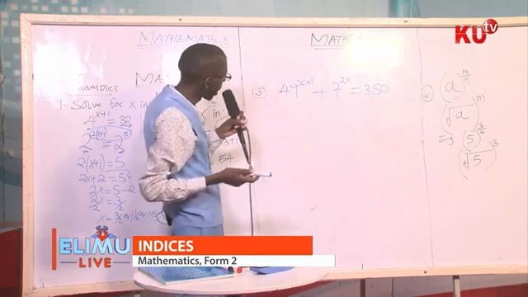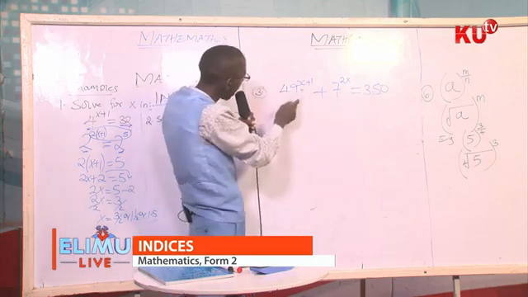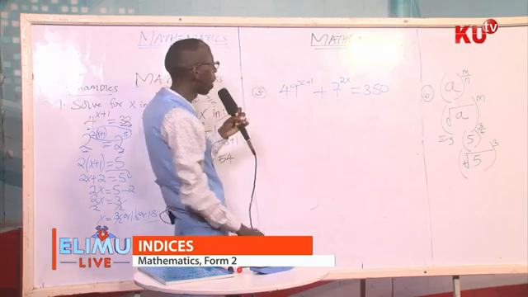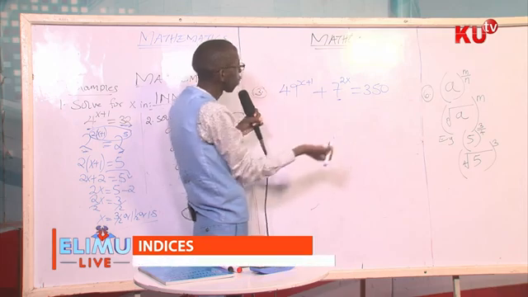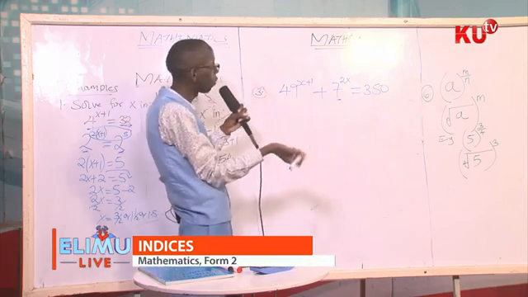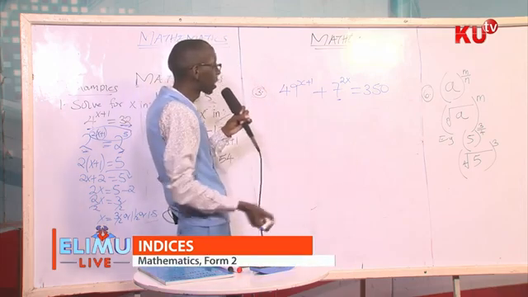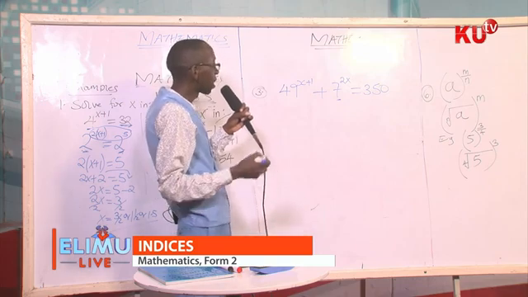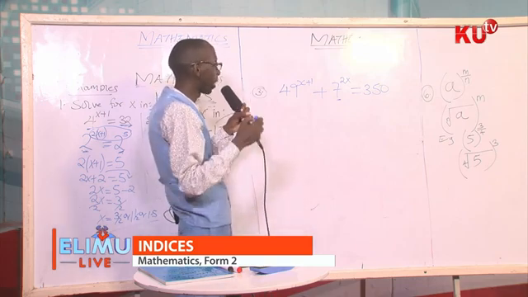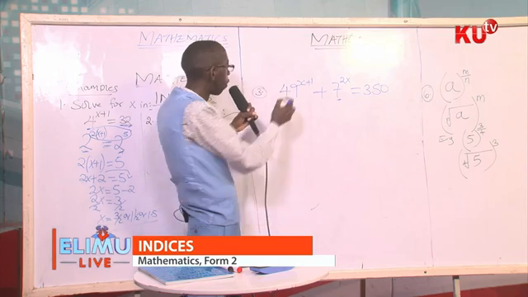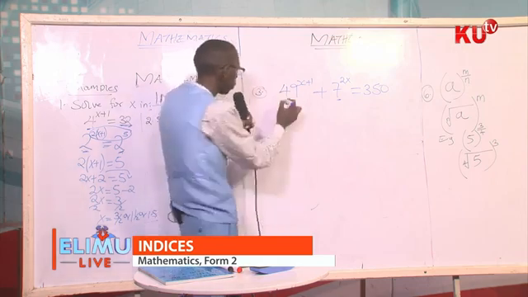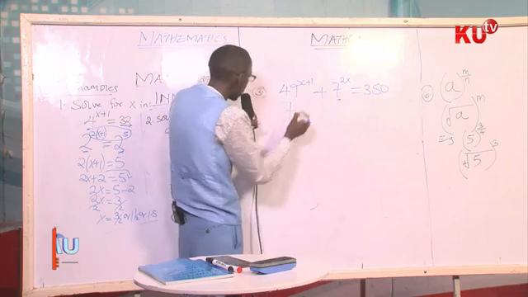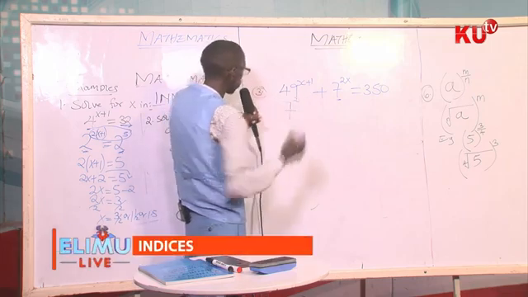Ask yourself, my dear student, 49 is the same as 7 to power what? Because now this one is base 7. You can't write 49 to base 3 or 5. The easiest base, the nearest base, is 7. 49 is the same as 7 to power 2.